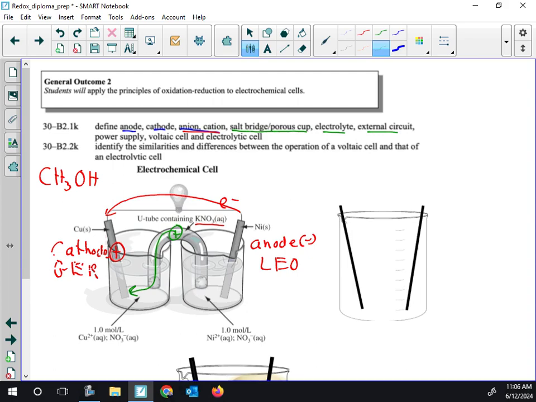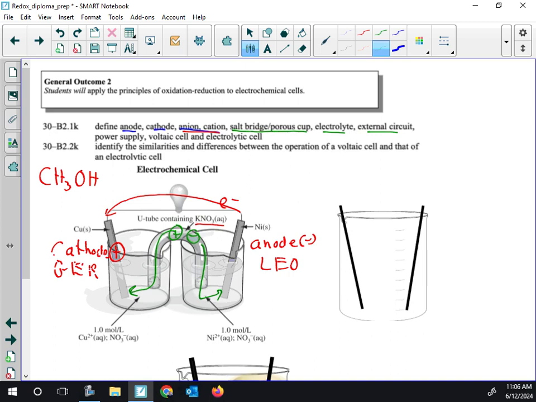Now it's going to be the potassium in this example that's in the salt, but any positive ion is going to move. Negative ions, like the nitrate, are going to be moving towards the anode. Then this is just a balanced charge. So as you lose electrons at the anode, we'll get some negative charge to balance it. Every mole of electrons that is lost will have a mole of negative charge coming back to replace it.